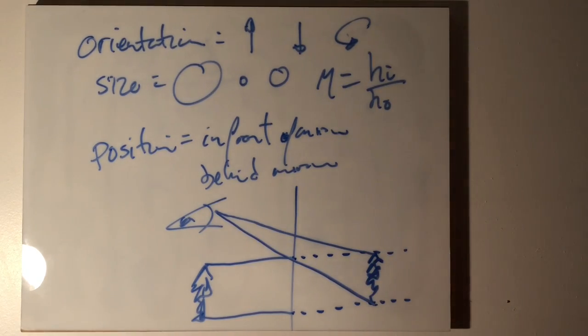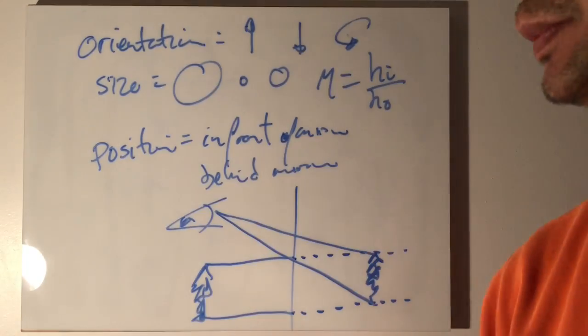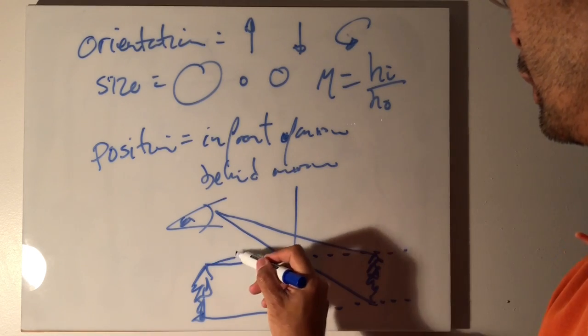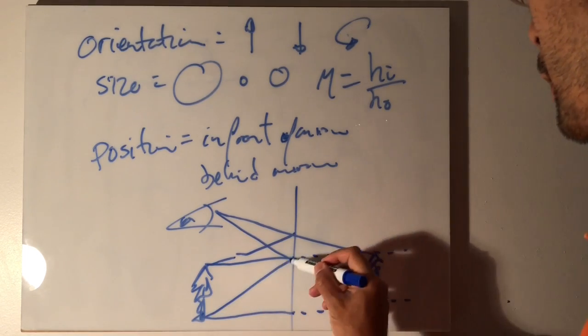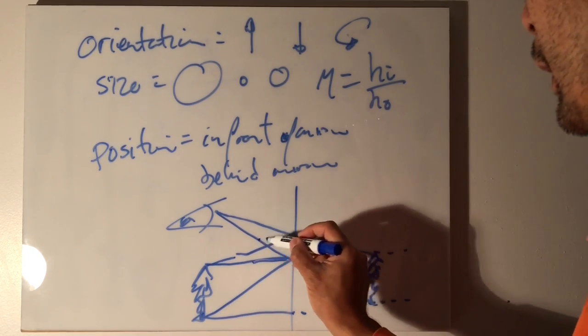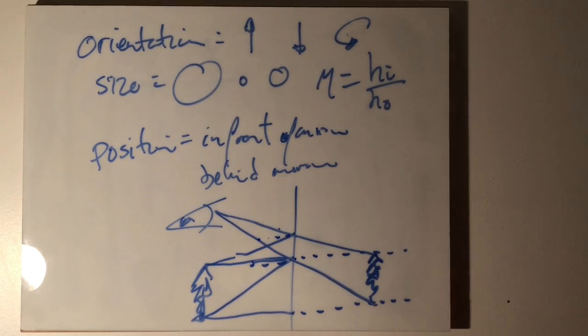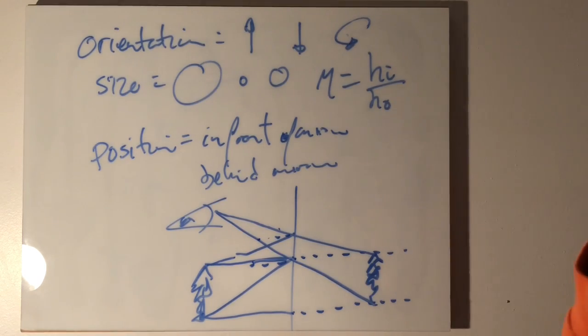So this is what I see. That's why I see it down below me, further into the mirror. Now if I connect the top with the top and the bottom with the bottom, I am respecting the law of incidence and reflection. So this is a virtual image that is the same size and upright.